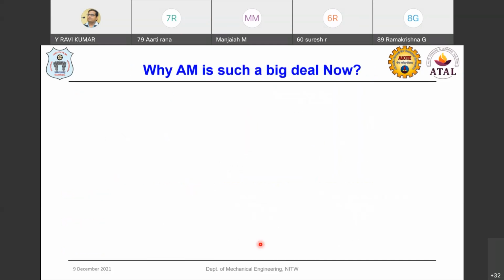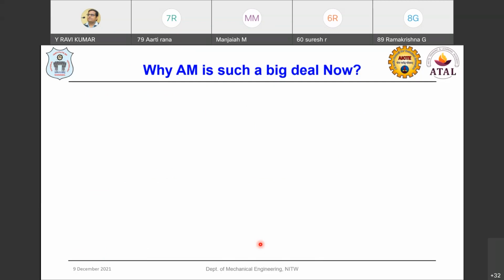Coming to this, when we are talking about the metal AM process, there is a big deal with respect to challenges. Even till today we have many hurdles or challenges with the metal AM process. Because when it started, we could assume that we were able to manufacture any kind of product or part we had in our mind.